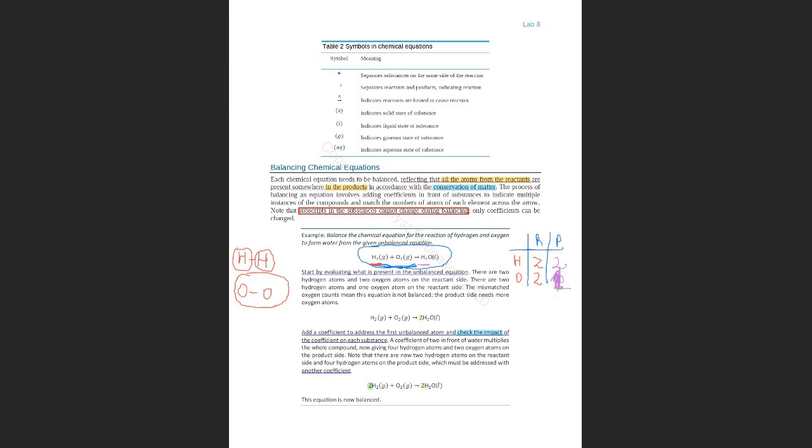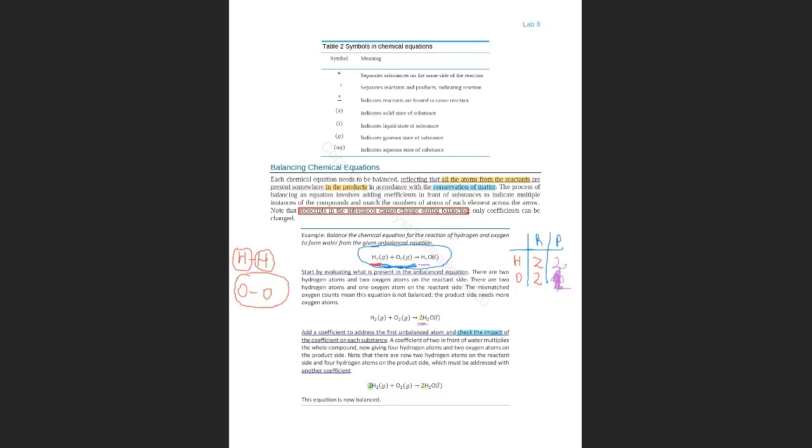And remember, the only way to balance is using big coefficients. So that's why here comes the 2. If we add a 2 in front of the whole molecule, what happens? I have to arrange everything that changed.